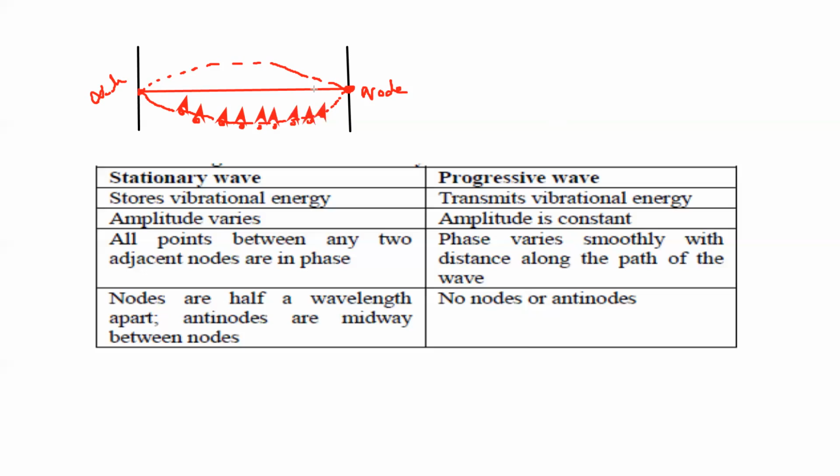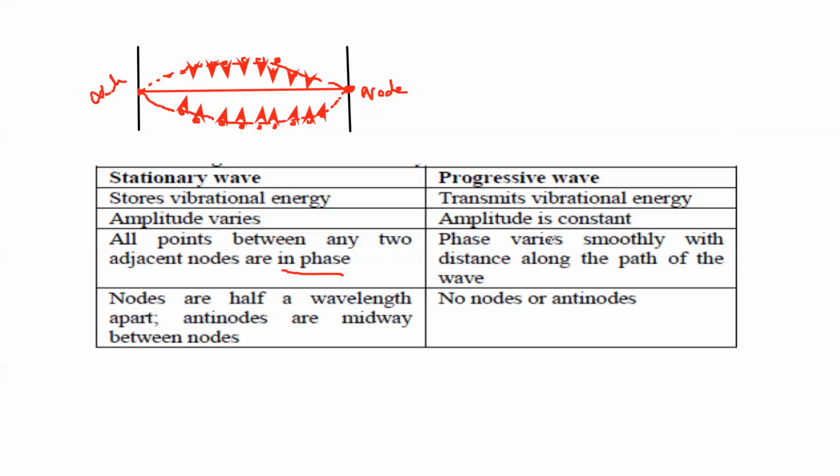If we take the particles at the top, which direction do they tend to move? They tend to move downward. So all the points have the same way of vibration, and when all the points have the same way of vibration, we say they all are in phase.